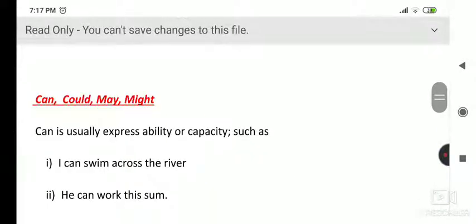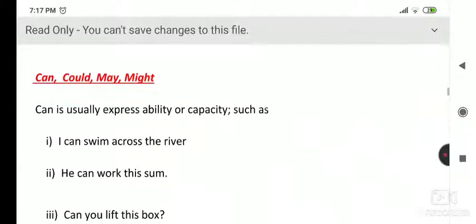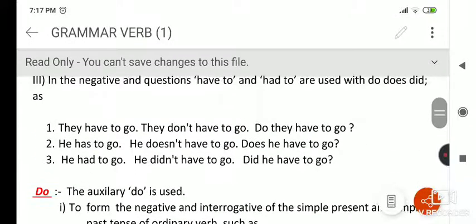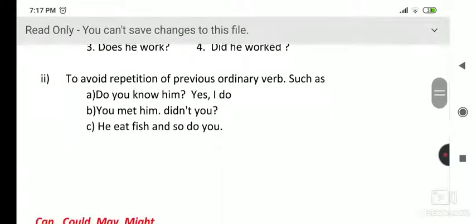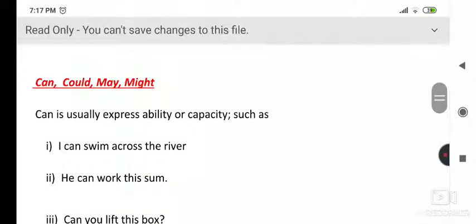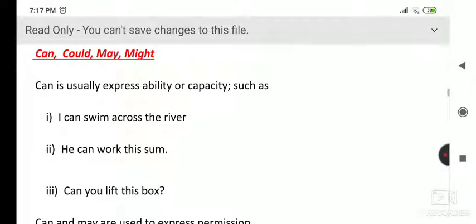The next point is can, could, may, might. Can is usually used to express the ability or capacity of a subject or pronoun.